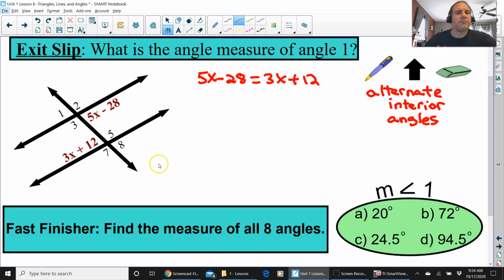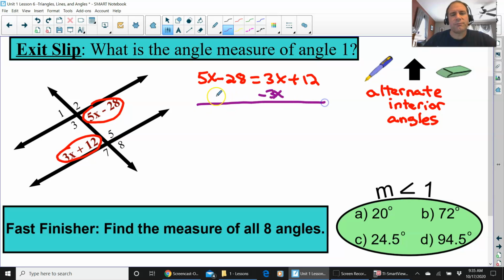Alright, here we go. They are equal to each other. They're alternate interior angles. This angle here and this angle here are equal to each other. They're the same, right? So let's go ahead and solve. We have variables on both sides. I always try to get the smaller variable over to the larger to work in the positive, and that's exactly what I'm doing here.